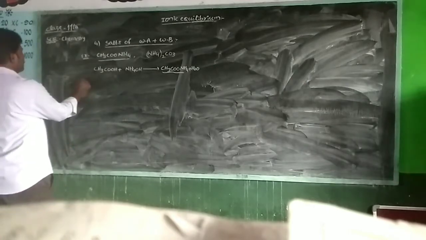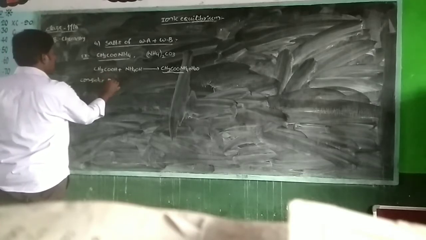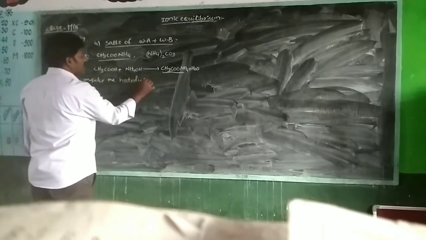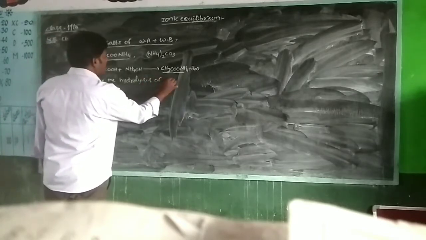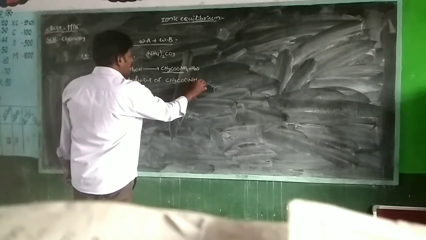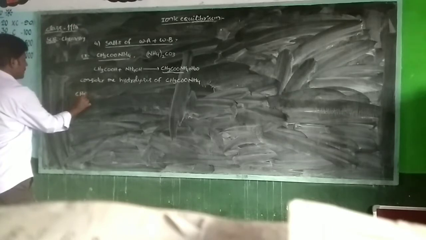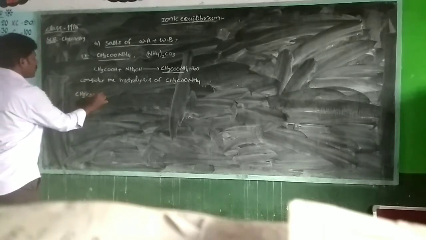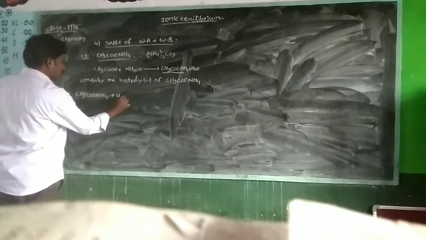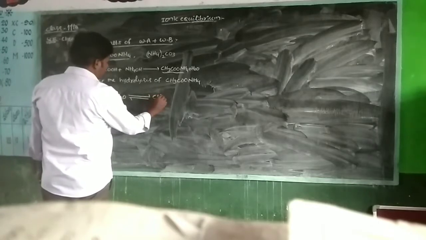Okay, consider the hydrolysis of ammonium acetate, CH3COONH4. It reacts with water to get the weak acid and the weak base.